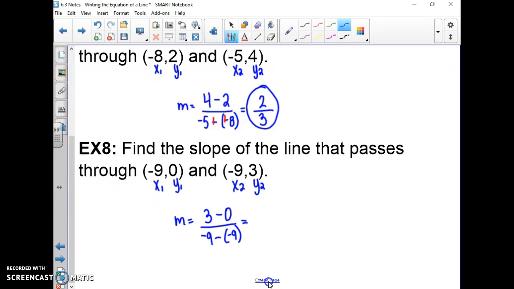So 3 minus 0 is 3. Negative 9 minus negative 9, we have to change this double negative to a positive here. So negative 9 plus 9 is 0. Whenever we divide by 0, that is undefined. So the slope of this line is undefined.